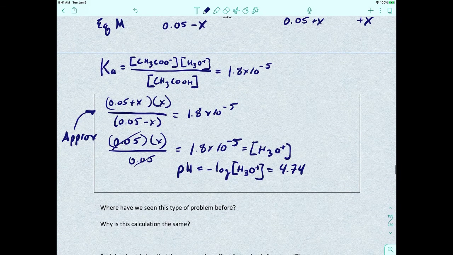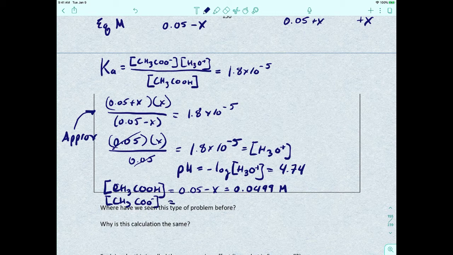And so if we calculate the concentration of acetic acid, CH3COOH, it would be 0.05 minus X. And so that number should come out to be something like 0.0499 molar. And then the acetate ion, CH3COO minus, that'll be 0.05 plus X. And so that number is going to be pretty much 0.051.